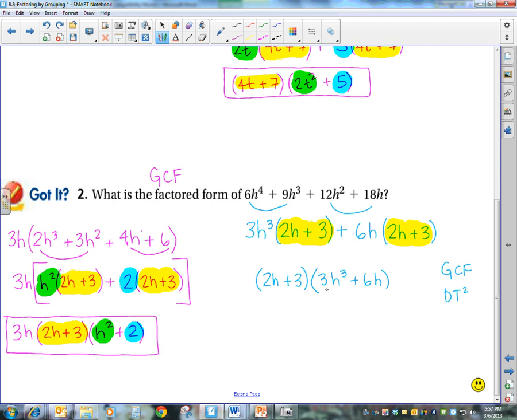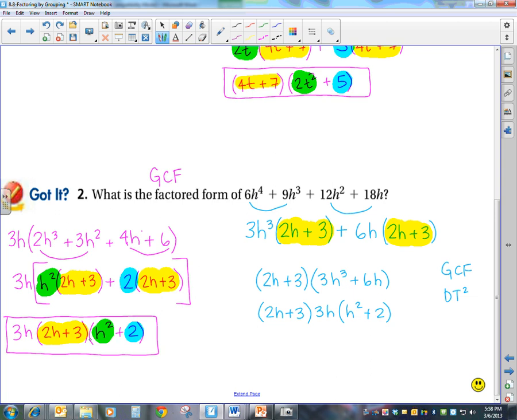But this over here does have a GCF. So you've got to find that GCF. So if I carry this one down, what is the GCF here? 3 goes into 3 and 6, and they both have an h. Take it out, and you're left with h squared plus 2. Now, is that the same thing as this? Think about it.